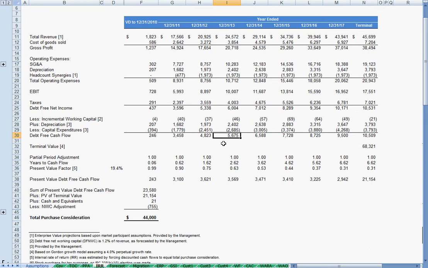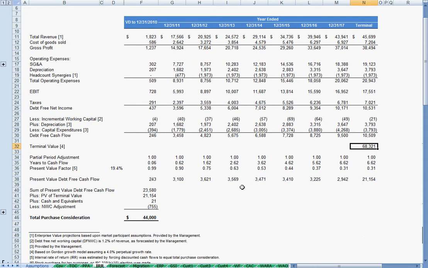So from that standpoint, you have to measure the amount of time between the valuation day and June 30th, 2013 for the purposes of calculating the discounting factor. In this particular model, you'll see years to cash flow. In this case, it's 2.62, and the model has the formulas to do that.